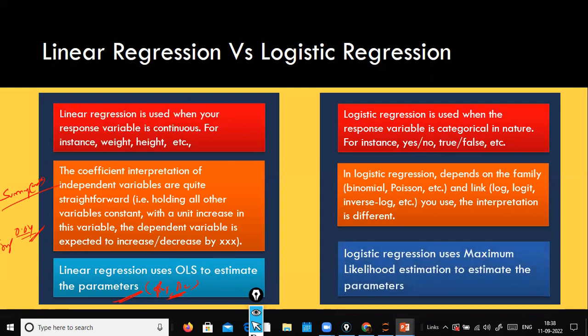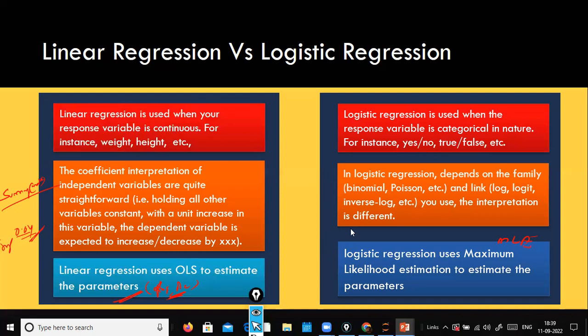In the case of logistic regression, it uses something called MLE, maximum likelihood estimation. So these are the differences between linear regression and logistic regression.